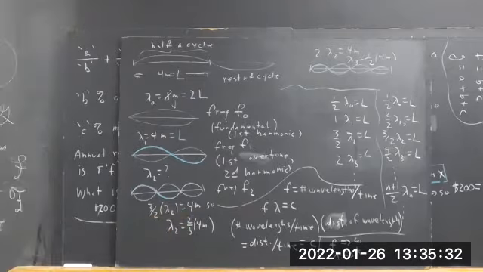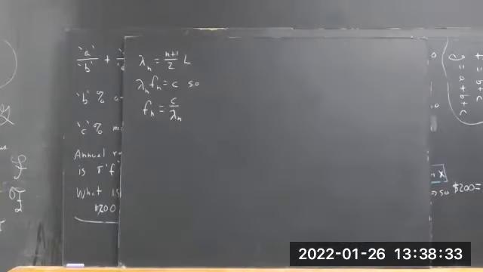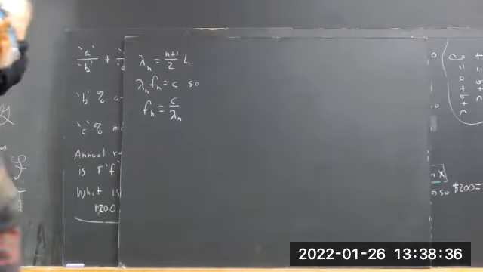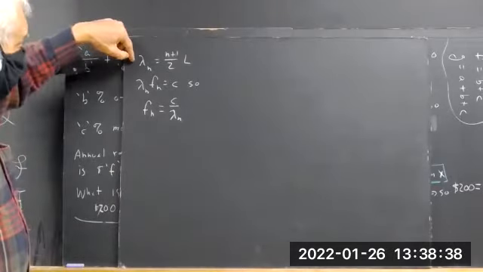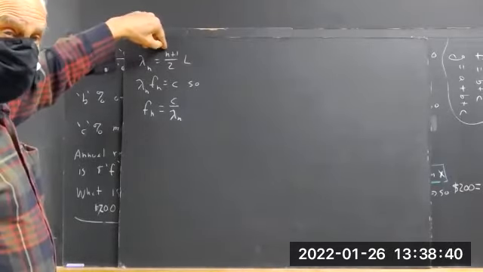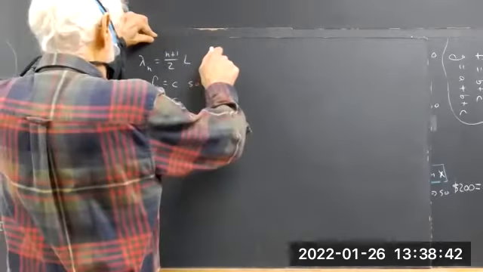Okay, I need more board space, so I'm going to pause for a second. Okay, I finally got this written down. We saw earlier that this is this, right? This is from a simple picture.